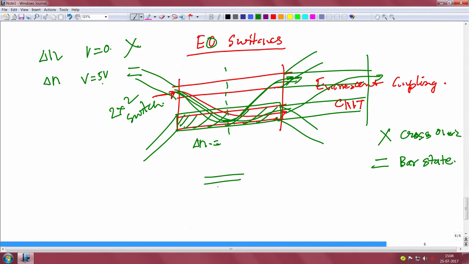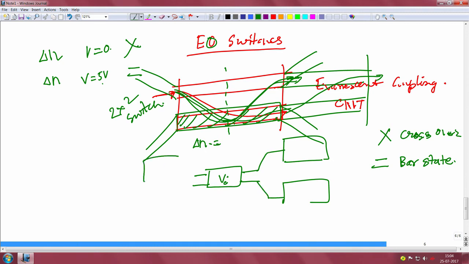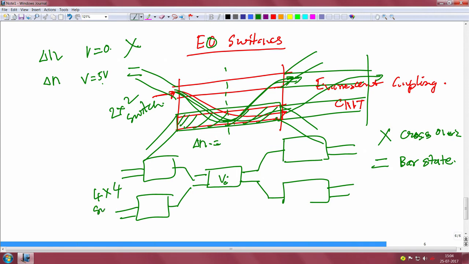Let us say this is, I will use a block this time, a 2x2 switch, 2 input ports and 2 output ports, and it could be in the cross state or bar state depending on the voltage that you apply. We can call it a control voltage, and you can cascade 5 of them like this and obtain a 4x4 switch.